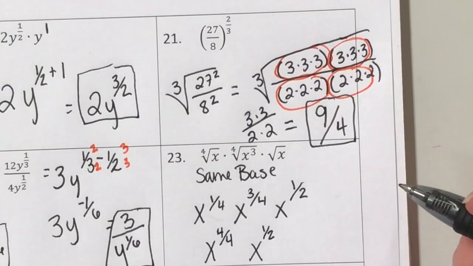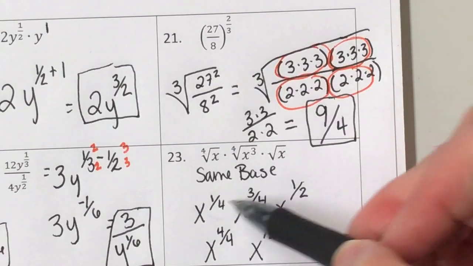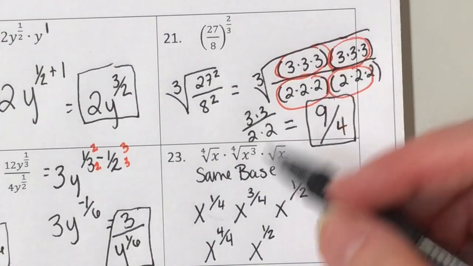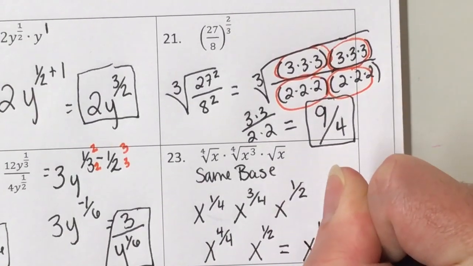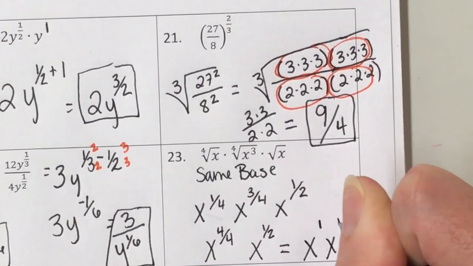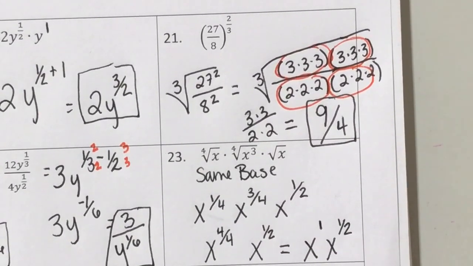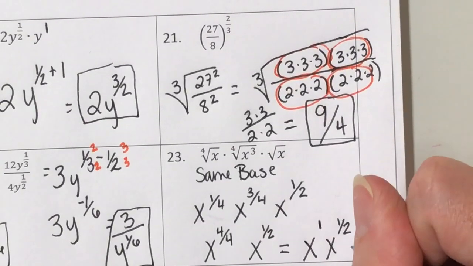So, and I skipped a step. At this point, hopefully you should have known where the 4 over 4 come from. I added exponents. So then x to the 4 over 4 simplifies to 1. So I've got x to the first power and then x to the 1/2. I want to add those exponents. So 1 plus a half, 1.5, or x to the 3/2.